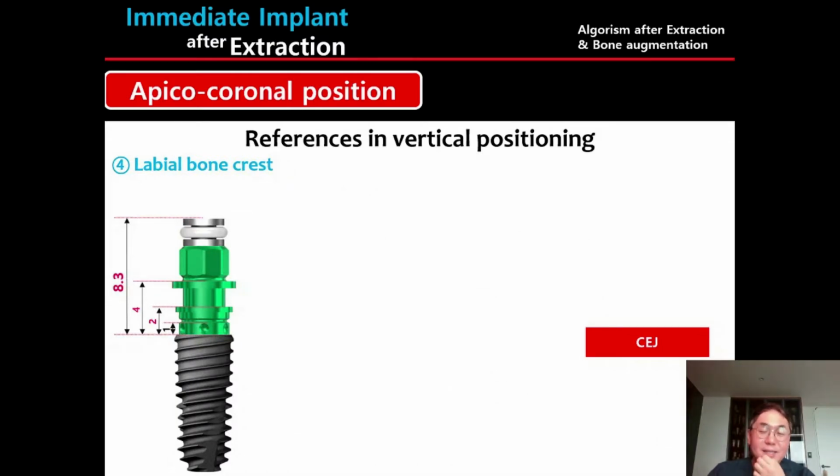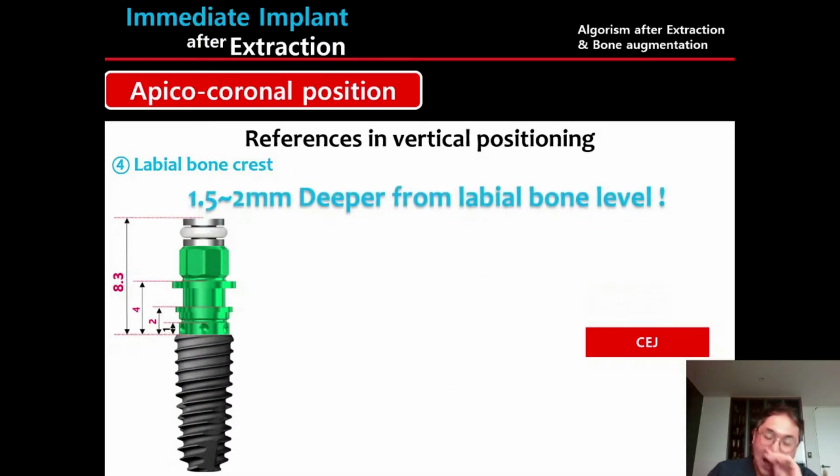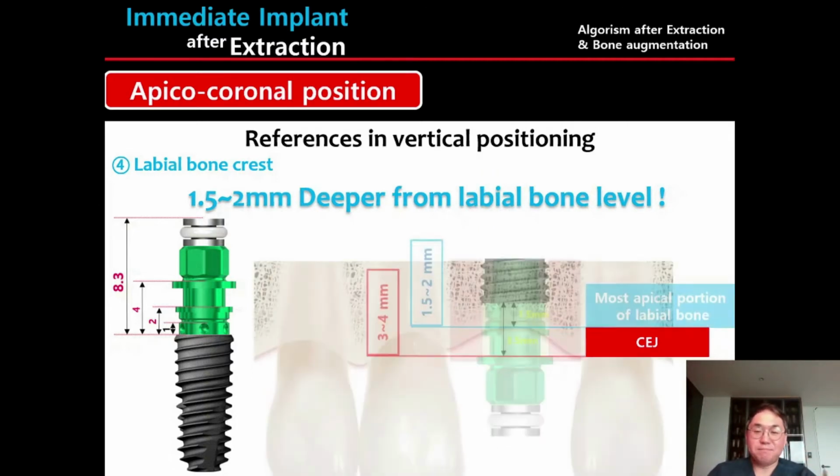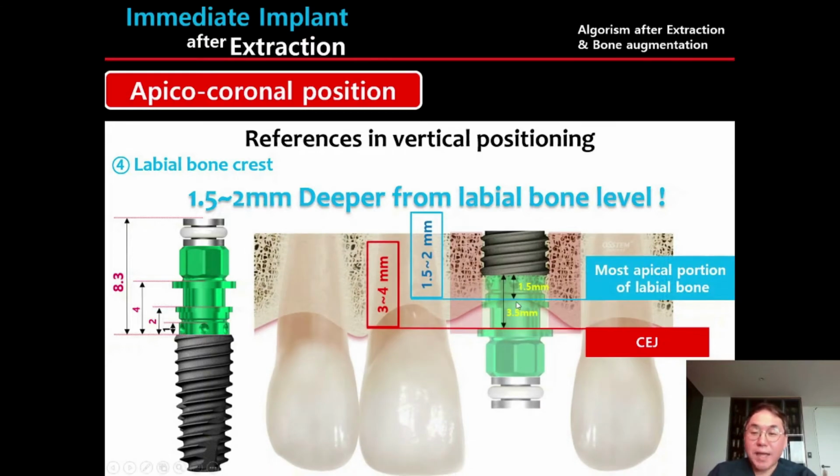Here, when placing implant after flap elevation in type 1 socket, even though flapless surgery is much better, at that time, from most apical portion of labial bone to the top of implant, 1.5 to 2.0 millimeter, because around 2.0 millimeter of labial bone will be gone after extraction because of bundle bone theory.